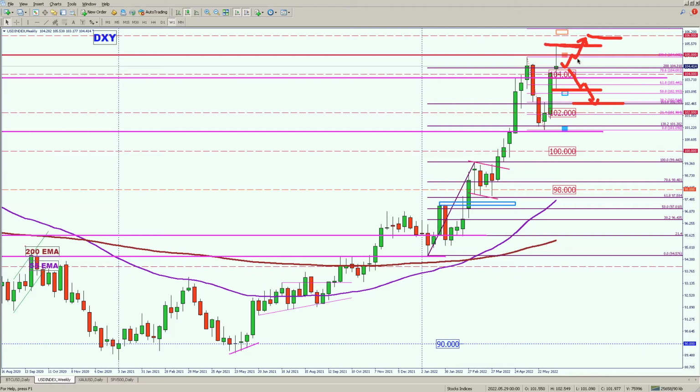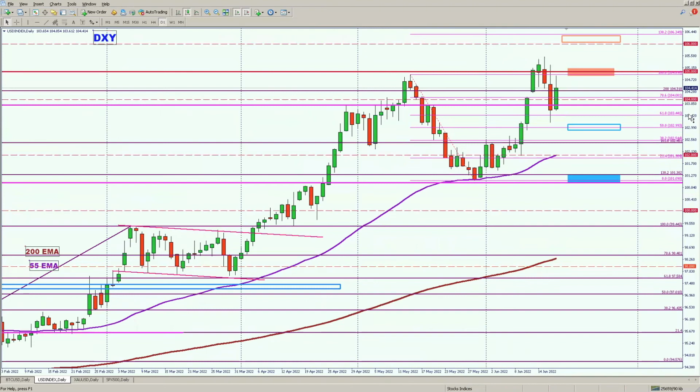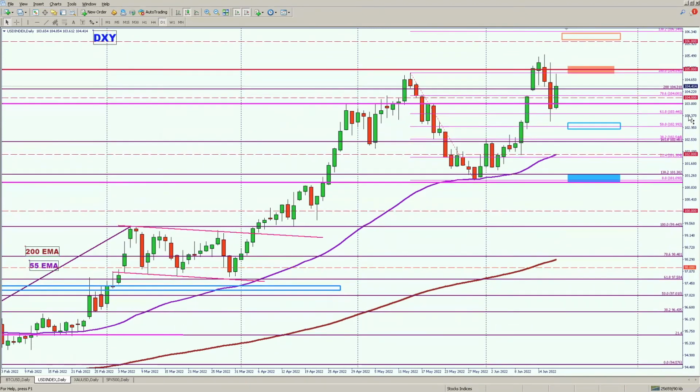So it may remain within the range of the wicks for last week. So the 105 is still a major resistance.